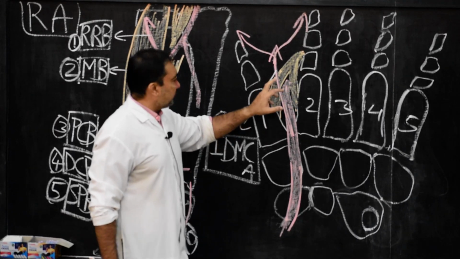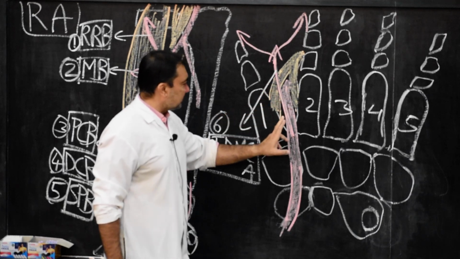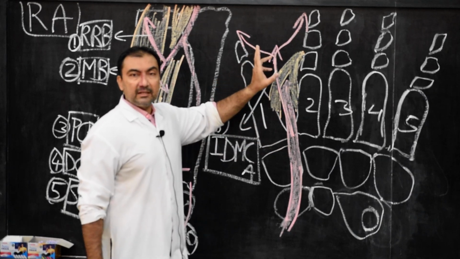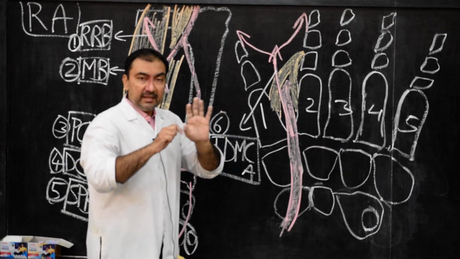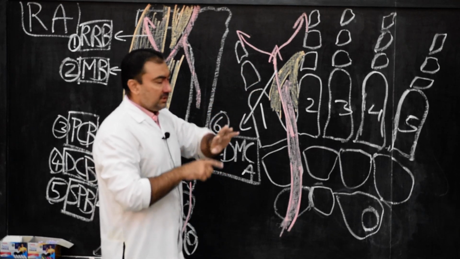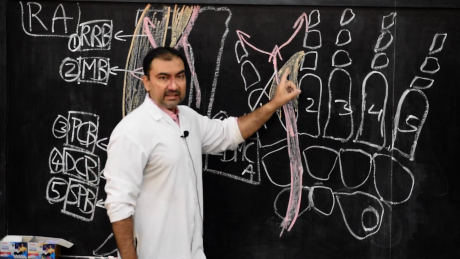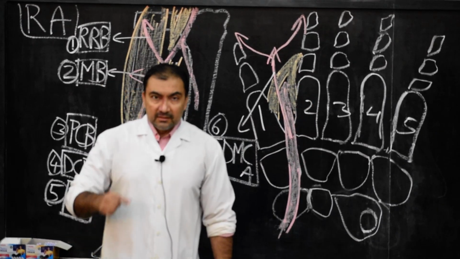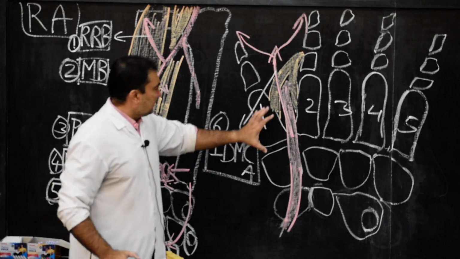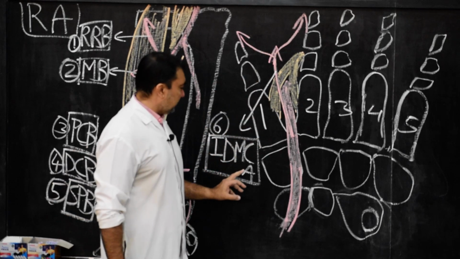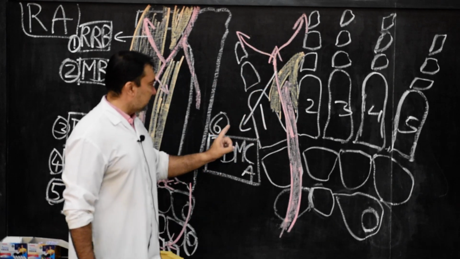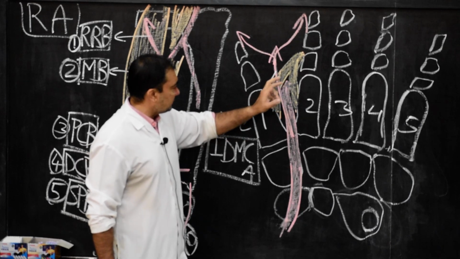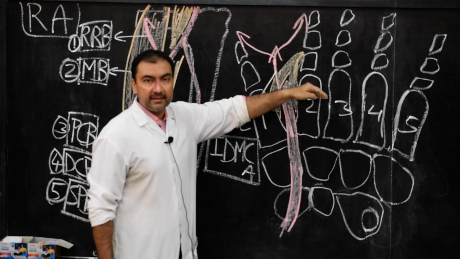It supplies on the dorsum the adjacent sides of the thumb and index finger. So now, after giving this branch as branch number 6, it is passing between the two heads of the first dorsal interosseous muscle and entering the palm.